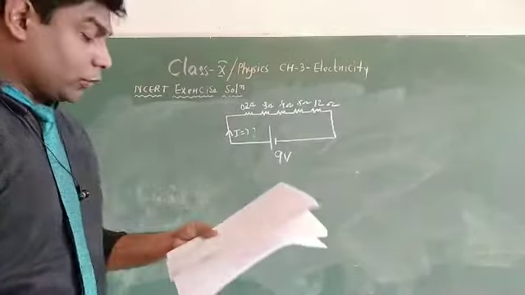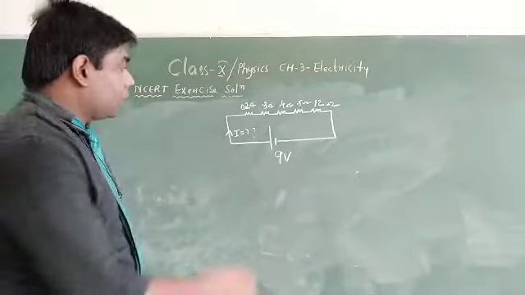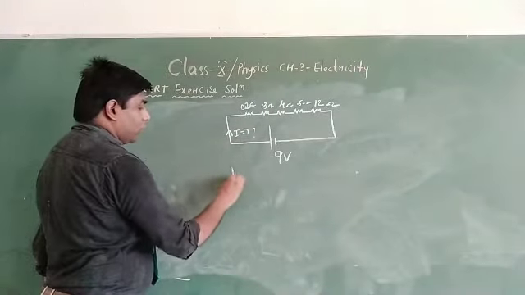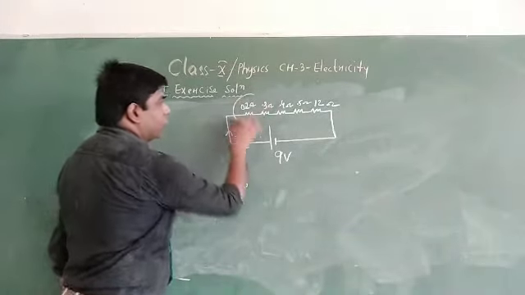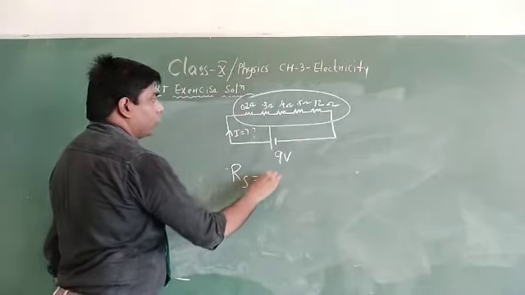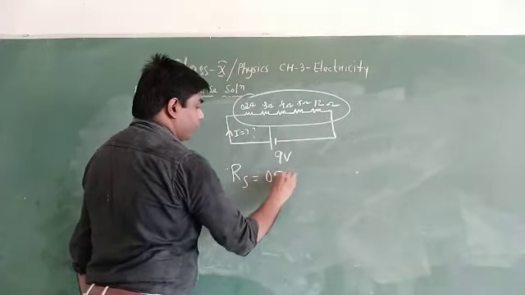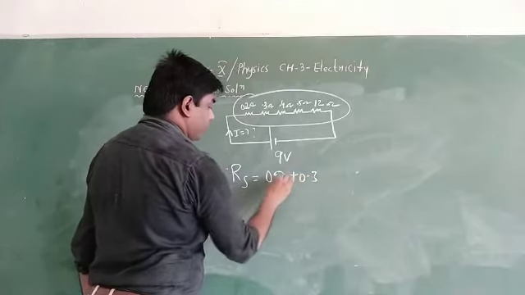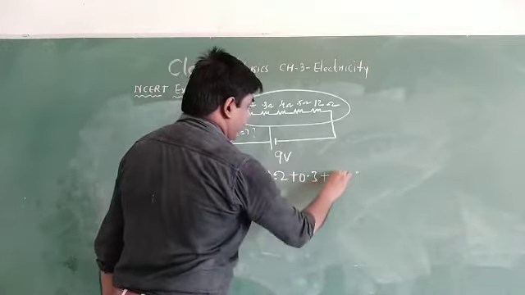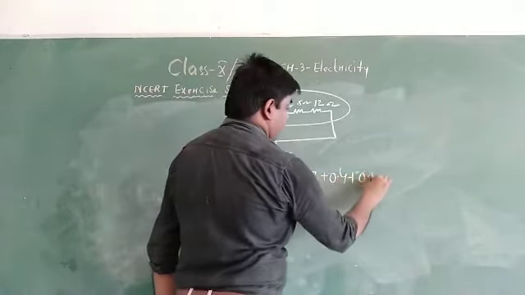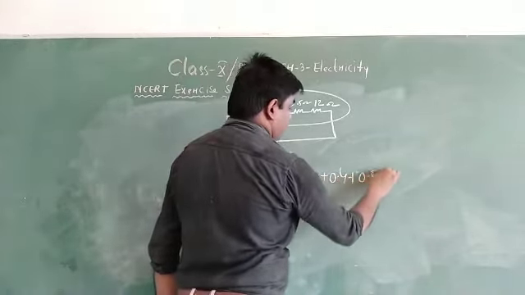Next question, question number 9. A 9 volt battery is connected in series with resistors of 0.2, 0.3, 0.4, 0.5. 5 resistors of different value are connected in series. They are asking what will be the current. So, RS means this series. So just add the 5 resistors, you will get RS.